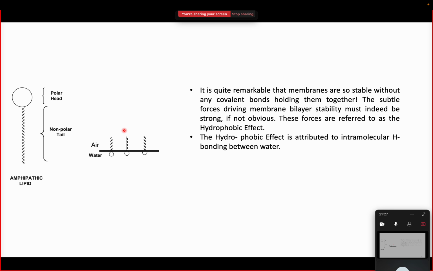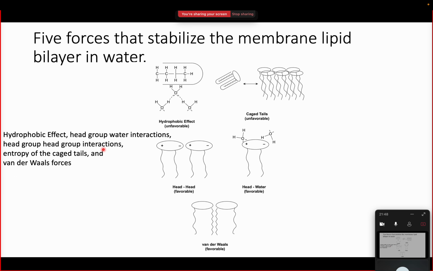All the interactions favoring this orientation of the molecule are favorable interactions. And all the interactions or energies that hinder the orientation of the molecule in this way are unfavorable interactions.